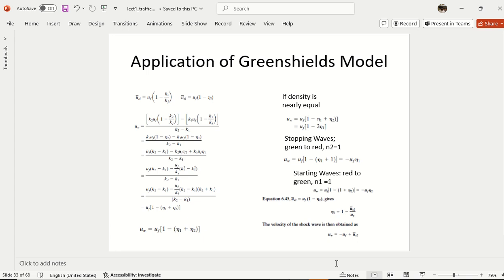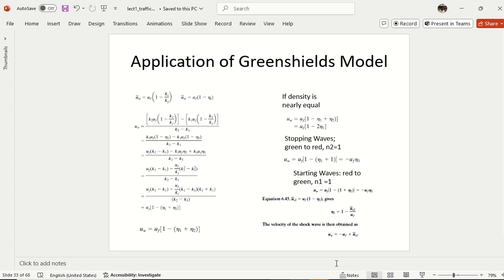This equation is my U. So this equation multiplied by K will become Q. Got it?